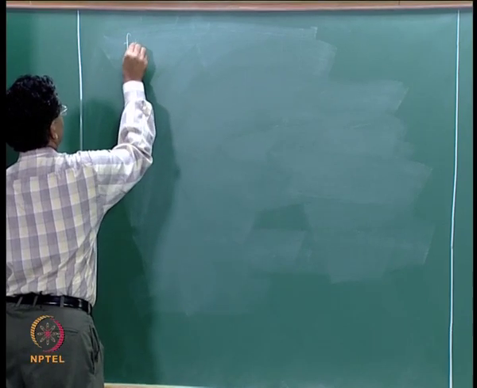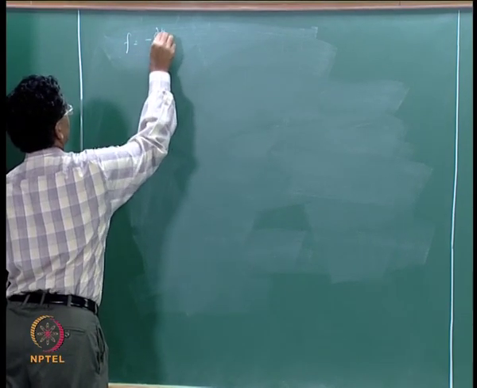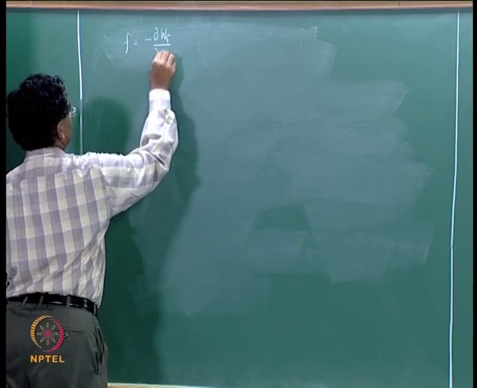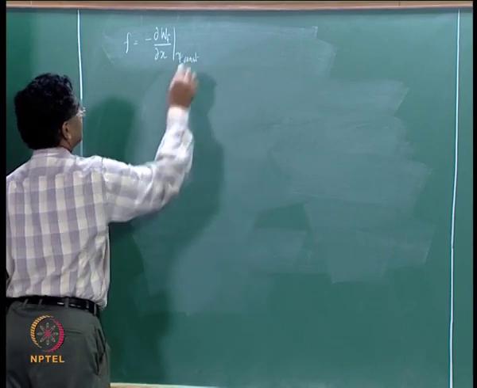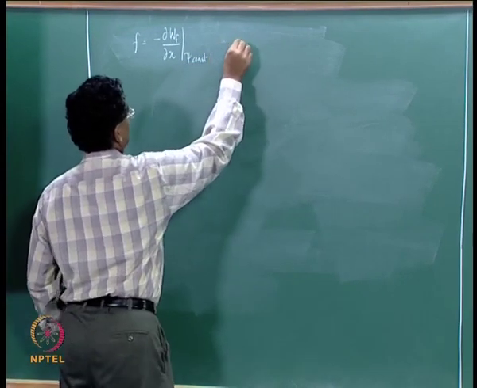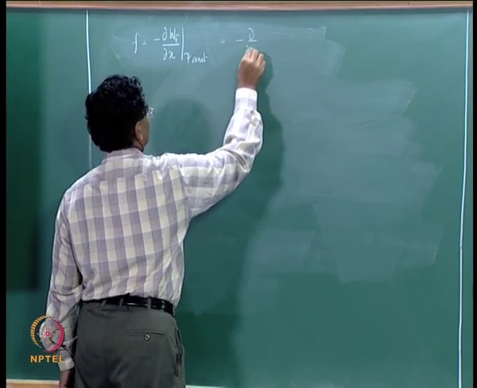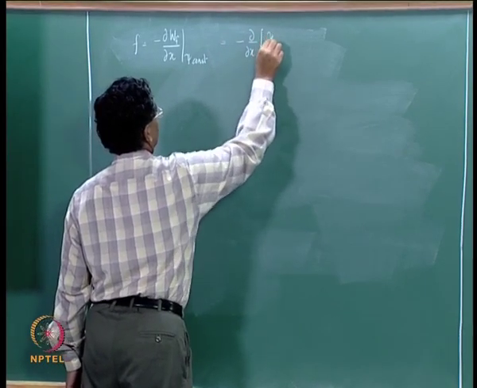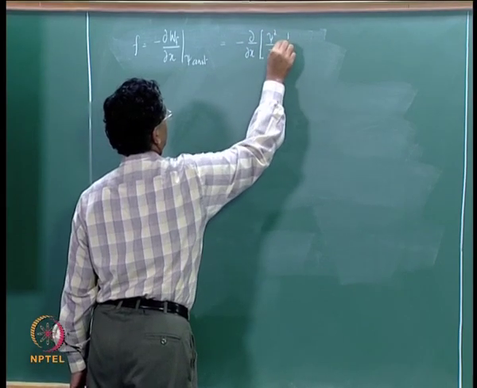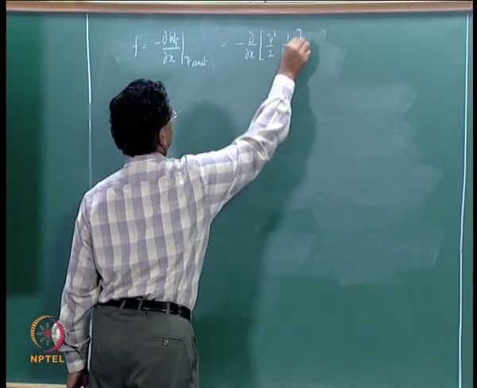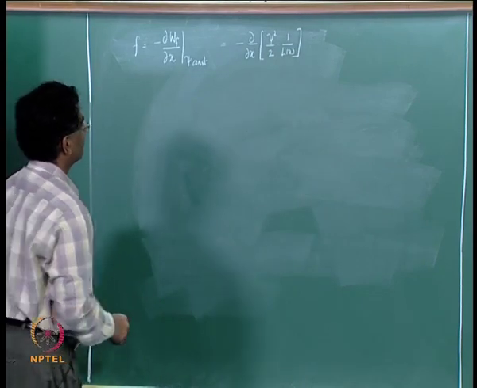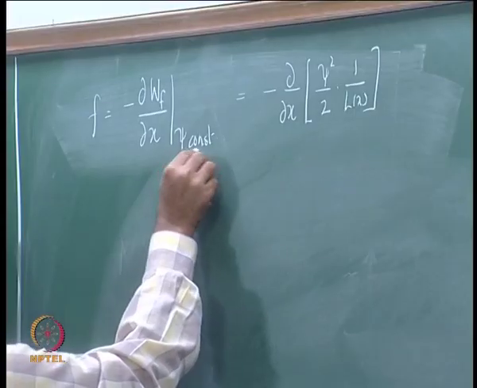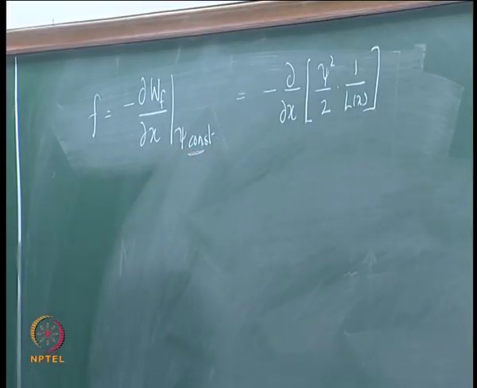So force is equal to minus dou Wf by dou x, keeping psi constant, which is minus dou by dou x of psi square by 2 into 1 over L of x, from the earlier expression, and psi is kept constant during the differentiation, and therefore this part can be taken out.